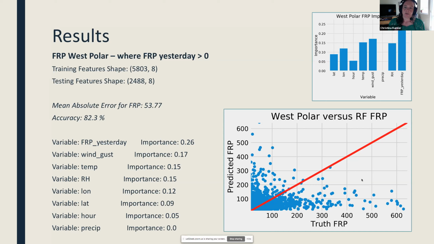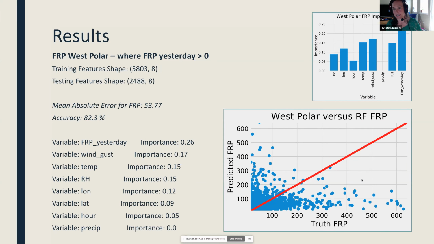But again, we can see the importances on the plot in the upper right, and then the trend plot to the lower right. The first thing I want to draw your attention to for these polar FRP models is that our dependency on FRP yesterday is a lot lower than for GOES.